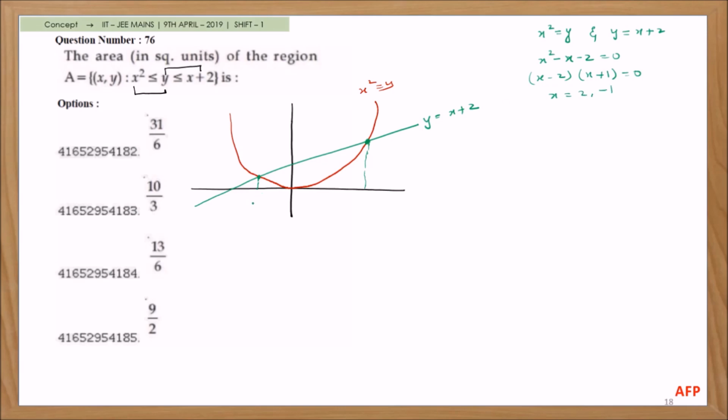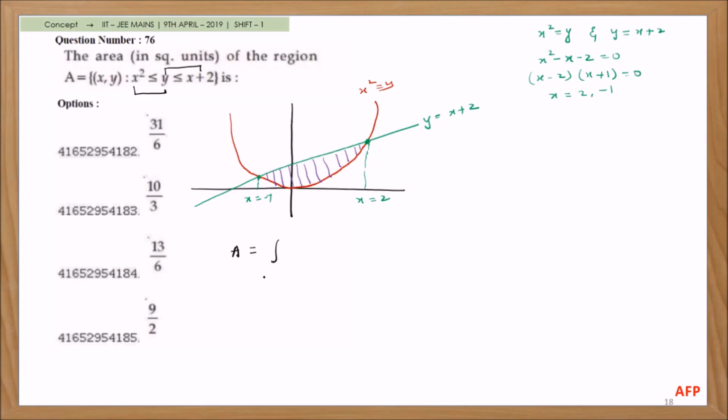So here you are going to get x is equal to minus 1 and x is equal to 2. So you are supposed to find this region. Okay, you can see at the top you have the straight line, at the bottom you have the parabola. Okay, so we can write it now.